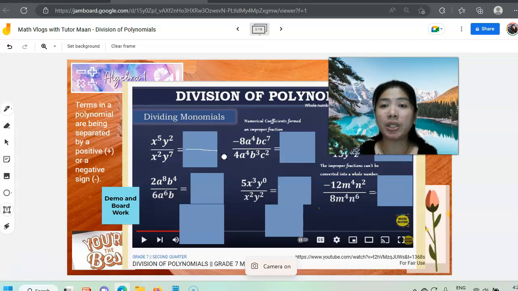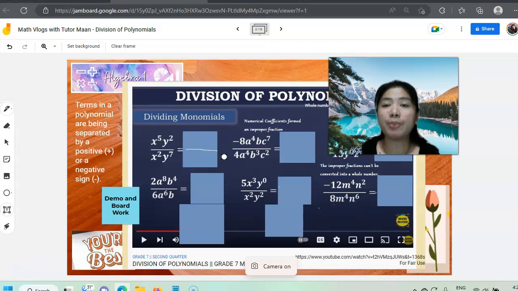What is the exponent of x in the numerator? It's 5. And what is the exponent of x in the denominator? It's 2. Which is bigger, 5 or 2? Yes, that's 5, right? So x will be written in the numerator because the bigger exponent for x is in the numerator.